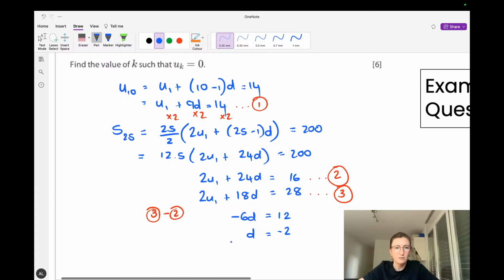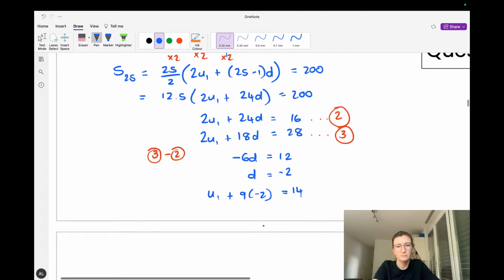And then u1 plus, let's do 9 times minus 2, just using this equation here, equals 14. So u1 minus 18 equals 14. Add 18 to the other side, so u1 equals 32.